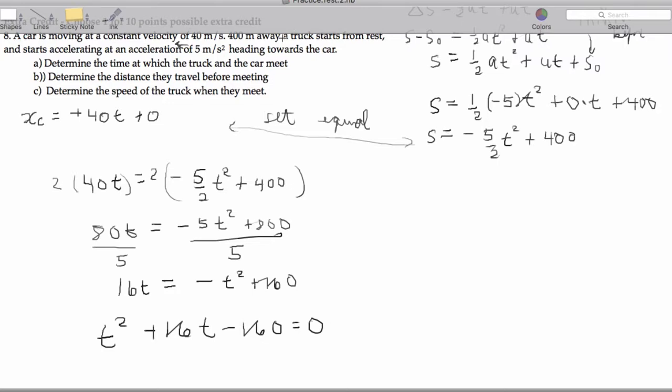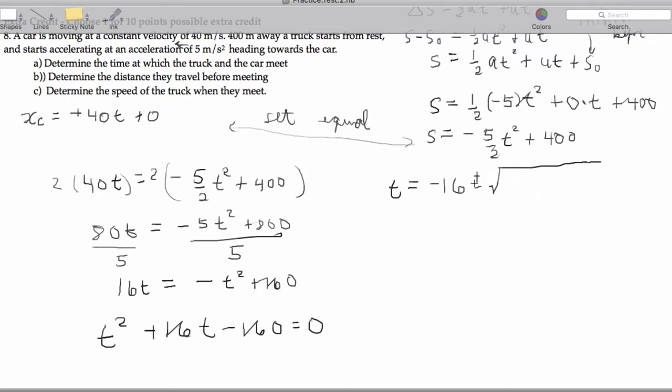And now I'm going to go ahead and use the quadratic formula. So that's going to give me that t is -16 plus or minus the square root of b squared minus 4ac.